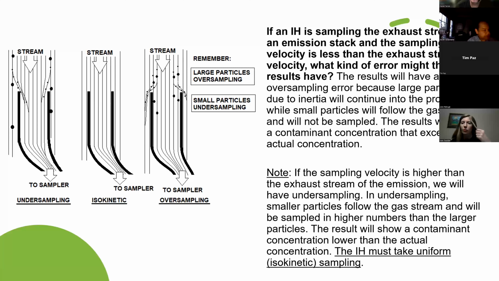So the IH must take uniform or isokinetic sampling. Basically, this is what I want you to remember: if you sample for smaller particles, it will show lower concentrations. If it's bigger, that exceeds the actual concentrations.